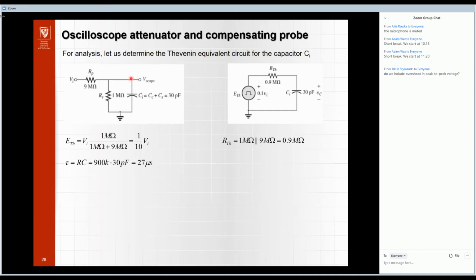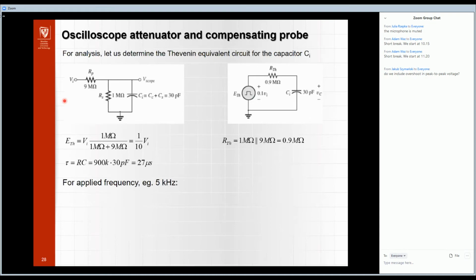So I cut the circuit here, and from this point I calculate the Thevenin voltage and resistance, and this circuit I can show using the Thevenin method like this one. So we have here the voltage, resistance, and capacitors. Okay, and now we can calculate the time constant for this. We obtain 27 microseconds.